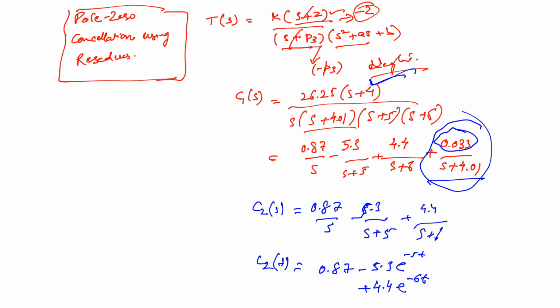Now this is very important from the designer's perspective: if he wants to approximate the system to the simplest second order system, then he can see what the poles and zeros are, and then approximate it, so that it is easy to analyze any system.